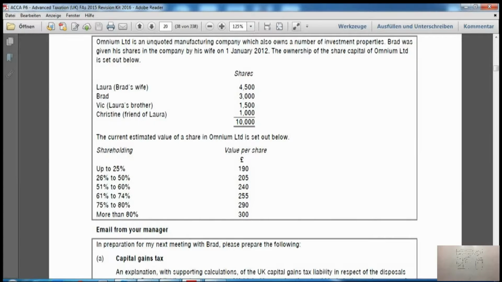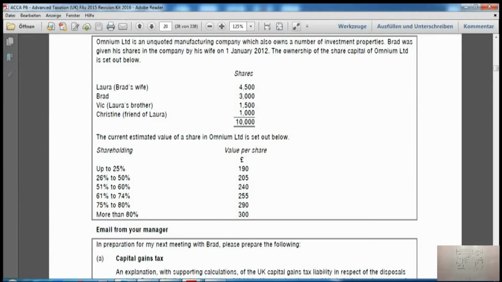Is any one of these related property? Is there any political party? No, there isn't. Is there any donation to a UK charity? No, there isn't. Is there any for national purpose? No, there isn't any. Is there any spouse? Yeah, there is one spouse. As you can see, it says Laura, who is Brad's wife.